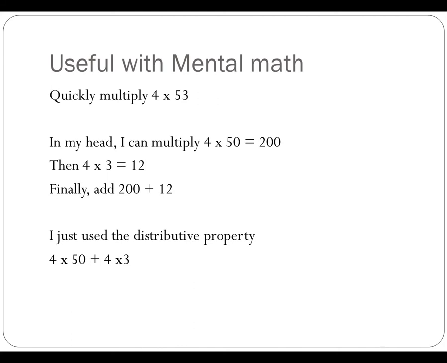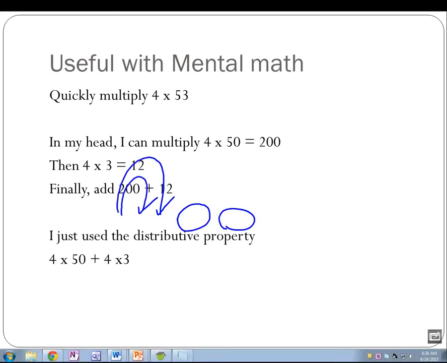Then you know that there are 3 more sets of 4, correct? Because when you multiply, you are multiplying 53 4 times, or you are multiplying 4 53 times. If you multiply 4 times 50, you are taking care of 50 of them. You need to have 3 more sets of 4.